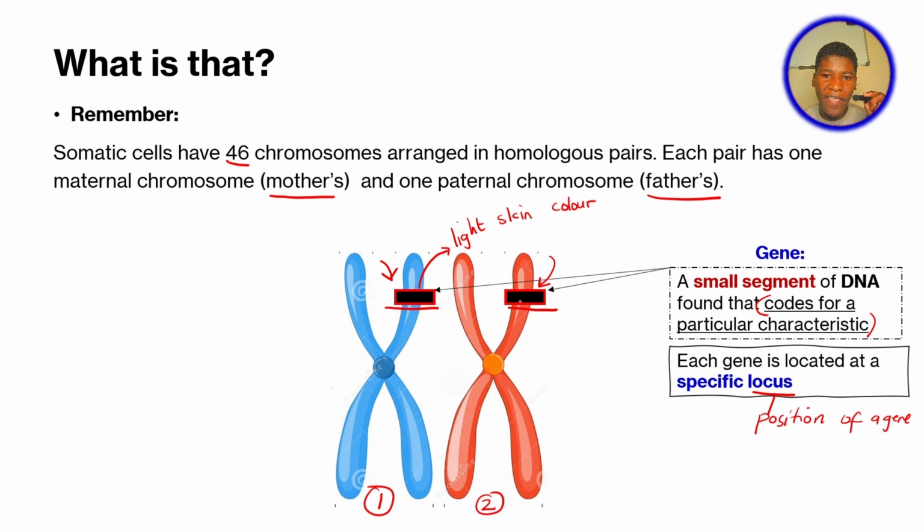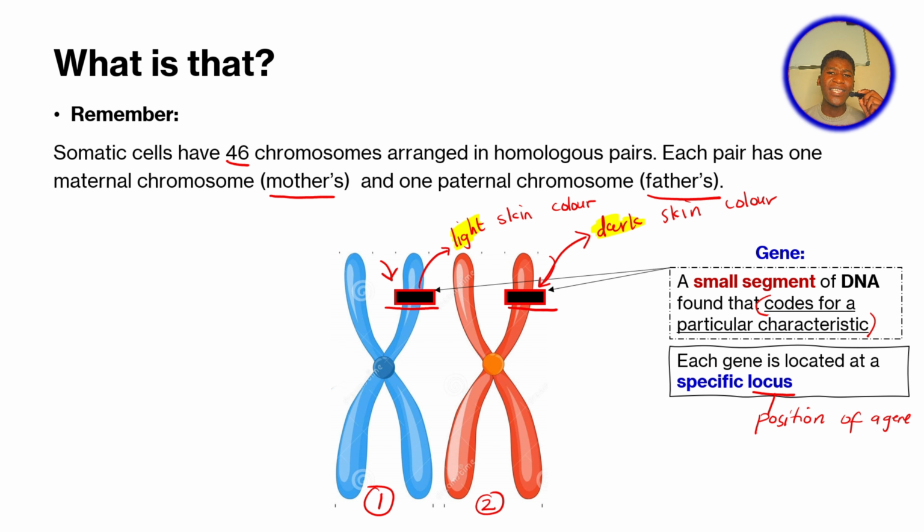And your dad is a dark skinned guy, so this is your dark skin color. Both of these genes are talking about skin color. They are the ones giving you the color of your skin. But the difference is that your mother's gene codes for light skin color and your father's gene codes for dark skin color.